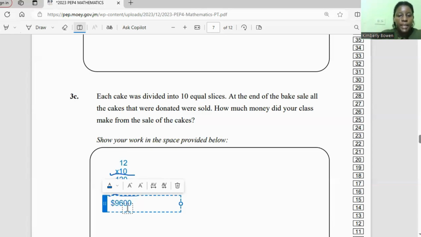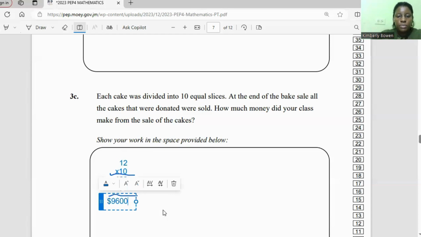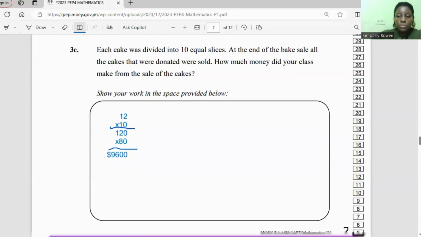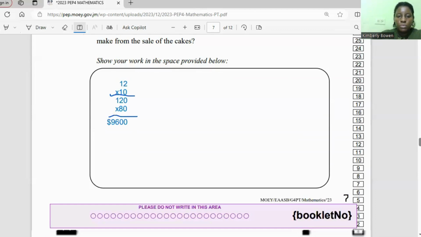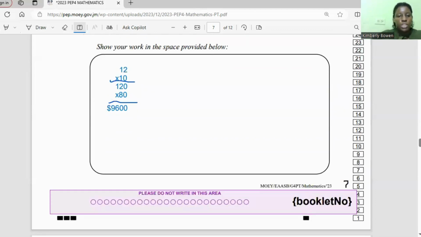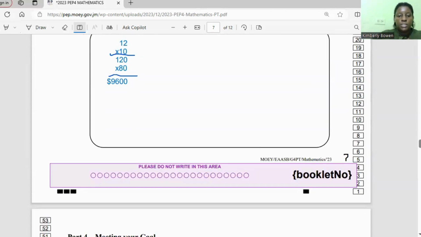I just simplified. So I multiplied 12 times 8, and I know I got 96, and there's a 0 from the 120, and there's a 0 from the 80 that I would have taken off to get 12 and 8. So I just put them back on the 96, and it's going to be 9,600. And you can work it out on your own to double check these answers.